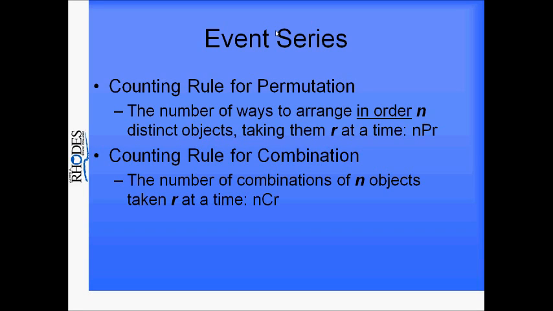The second counting rule is combination, but this is where order doesn't matter. You're just looking at how many combinations there are of n objects taken r at a time, and that's called nCr. It's not real complicated, but there's pretty complex math behind all this.